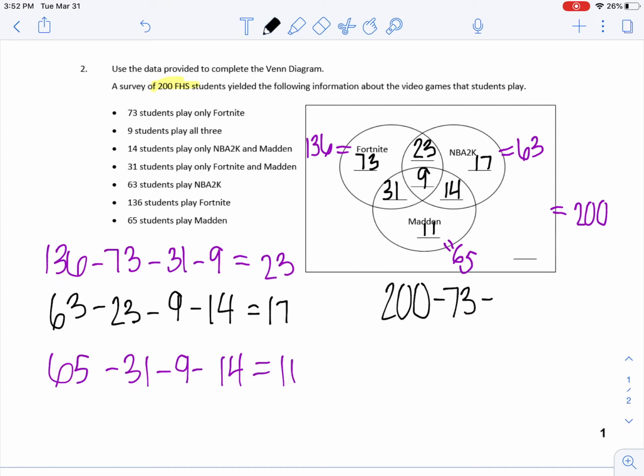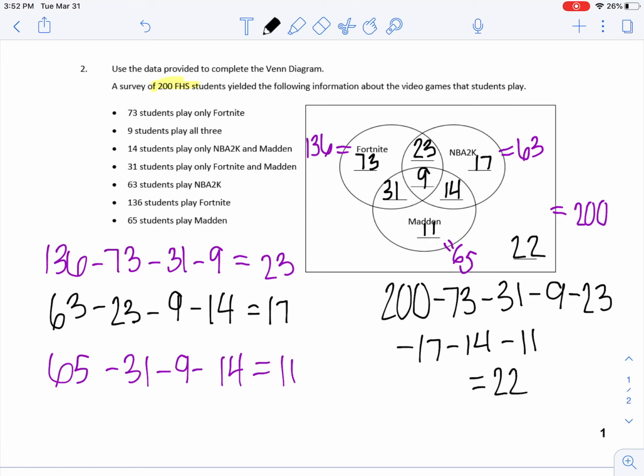So I will subtract 73 minus 31 minus 9 minus 23 minus 17 minus 14 minus 11, and that equals 22. So we have 22 students who do not play Madden, Fortnite, or NBA 2K.